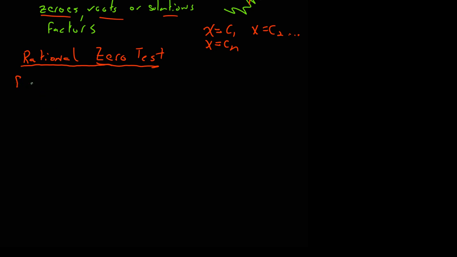We're going to put a little restriction on this polynomial. This rational zero test, the rational root test, only works in a very specific condition, but it's a condition that we can recreate fairly easily. So we're going to say, let f of x equal, and we'll write our polynomial in the form we've been writing it in.